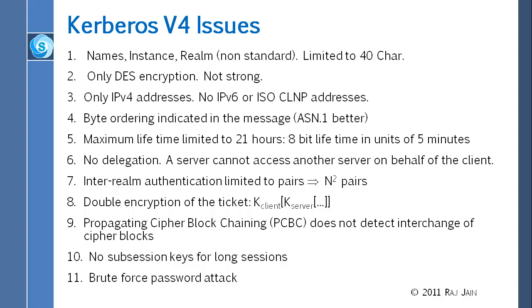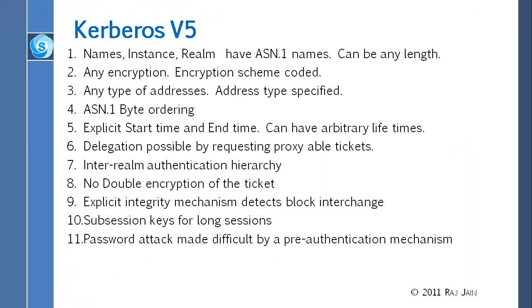So anyway, these 11 things, I have double numbering here, but basically I should have deleted these other numbers. But 11 issues, they were fixed in version 5. So now the names, instances and realms have ASN.1 names. They can be of any length. Any encryption scheme can be used.